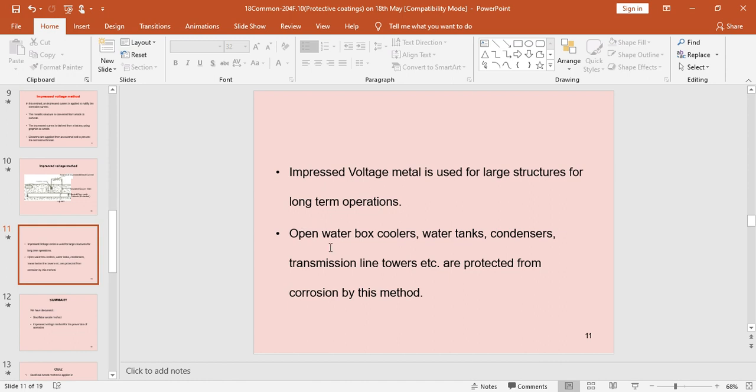Examples: open water box coolers, water tanks, condensers, transmission line towers, etc. are protected from corrosion by this method, by using the impressed voltage method.